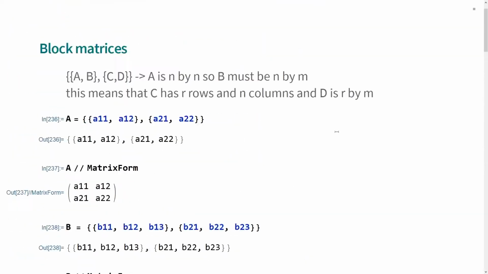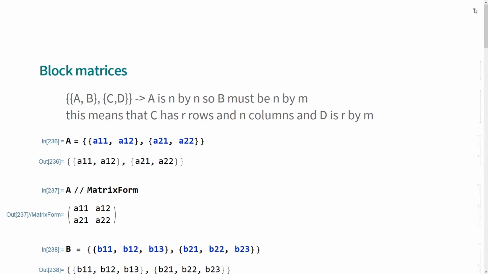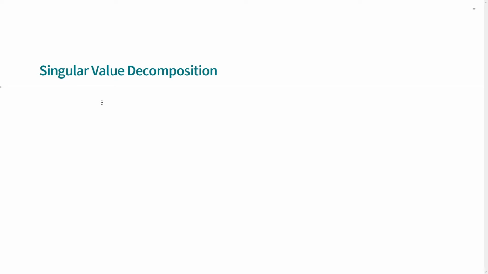So now let's take a look at the singular value decomposition, which is one of my favorite ideas in all of mathematics. The singular value decomposition is a way of pulling any size matrix apart into 3 matrices that are highly structured.